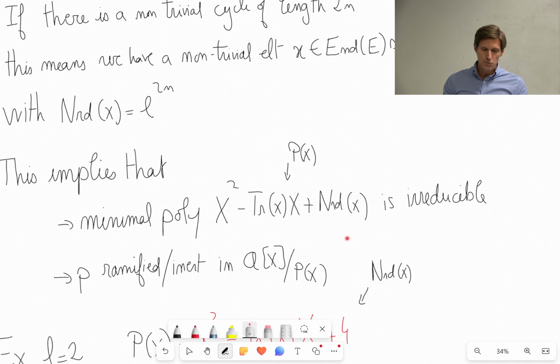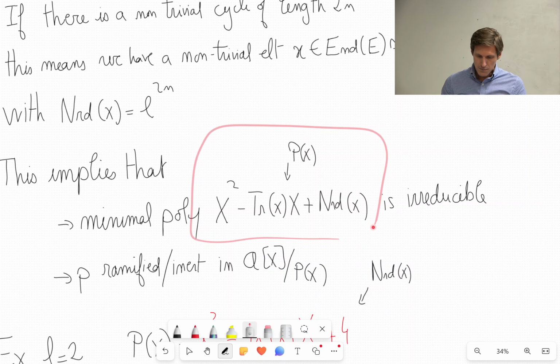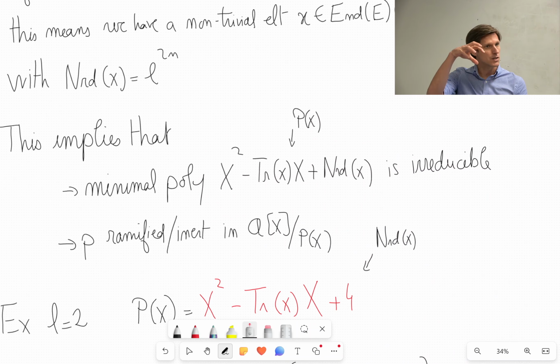If you assume that the endomorphism you're looking at is not just a composition of, say, a multiplication by L to the n, so something that corresponds to an essentially rational element, then that minimal polynomial will have to be irreducible, and it defines a quadratic extension, a quadratic number field. And then p is ramified or inert in there.